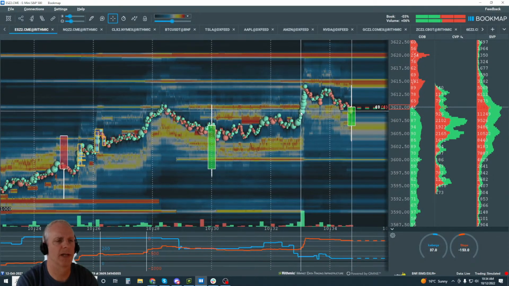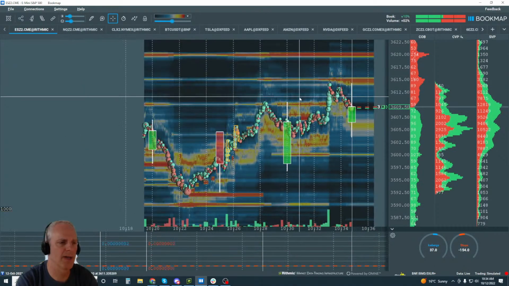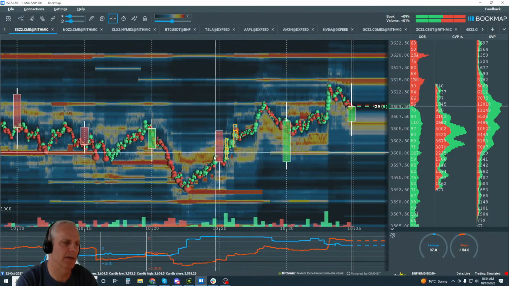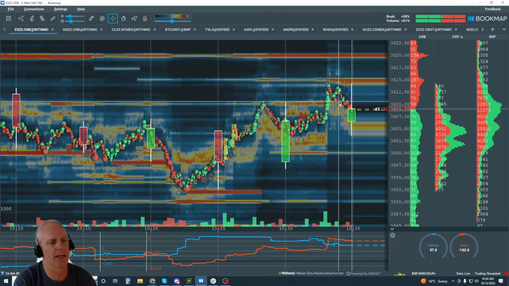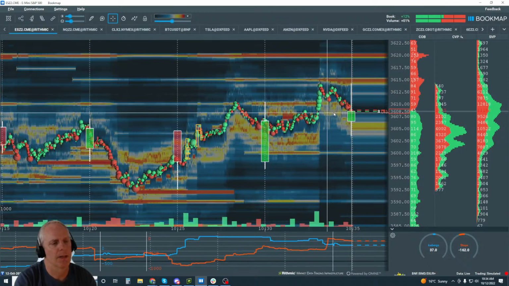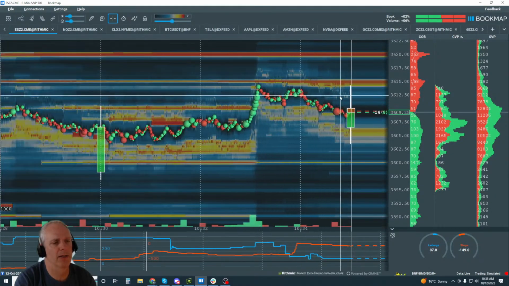Okay, another beautiful flag pattern here. Okay, strong buying. Now the thing is though, we got to look at all this. So strong buying and then followed by strong buying again. Yeah, I mean look for the pullback here.